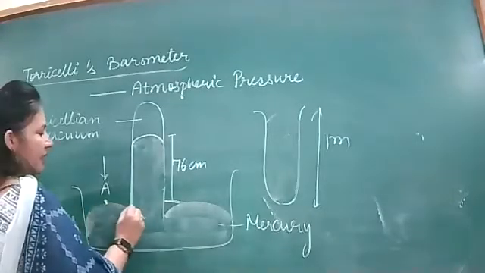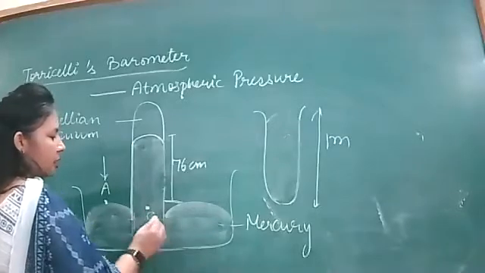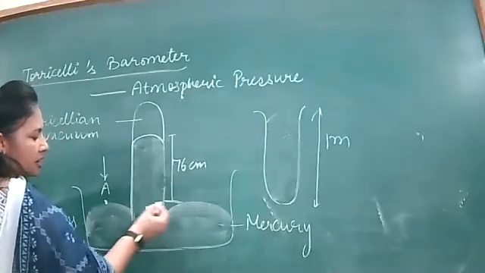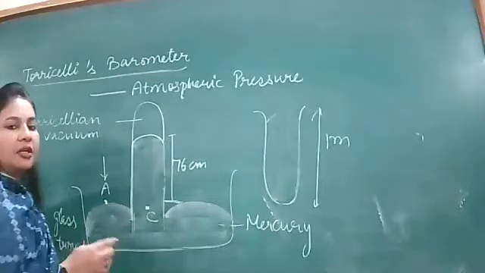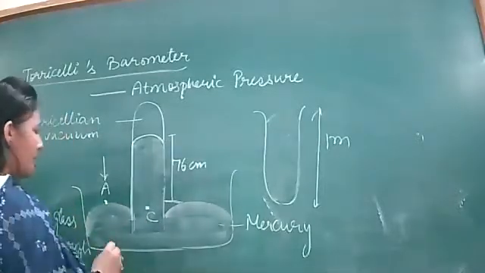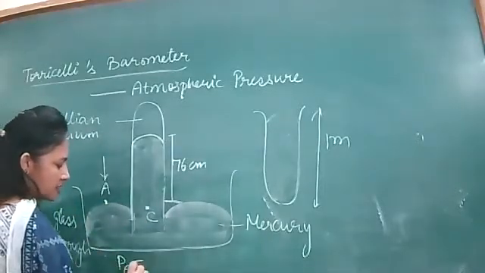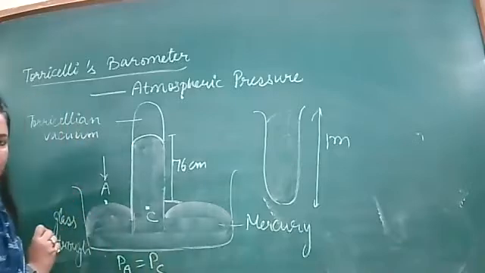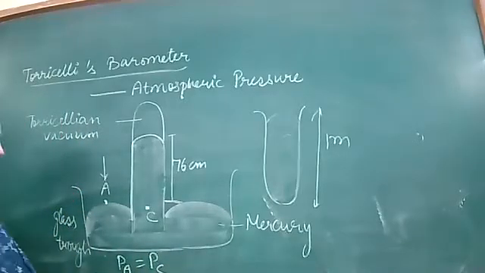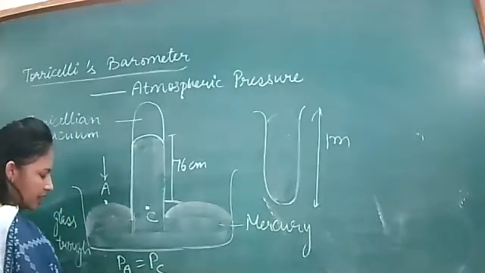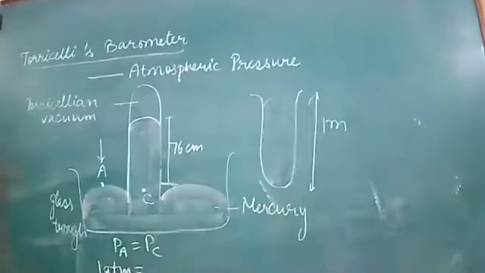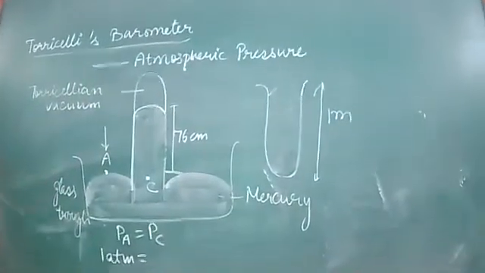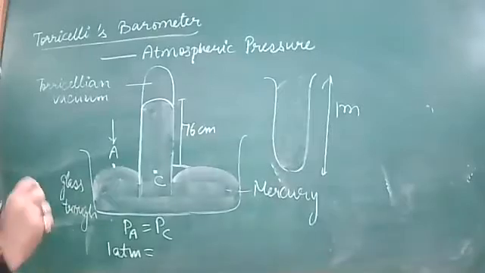Now at the same level, if we take point C also, exactly at the foot, these two are at the same level. So according to the hydrostatic paradox, pressure at A is equal to pressure at C. We call it 1 atmospheric pressure because point A is exposed to the air.